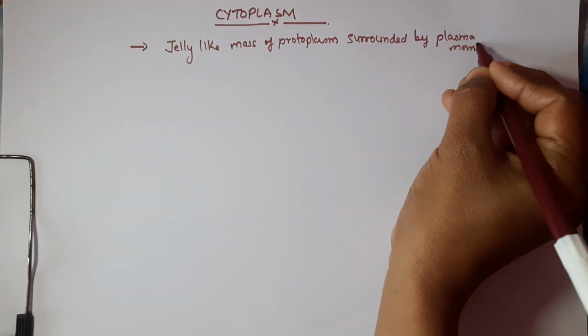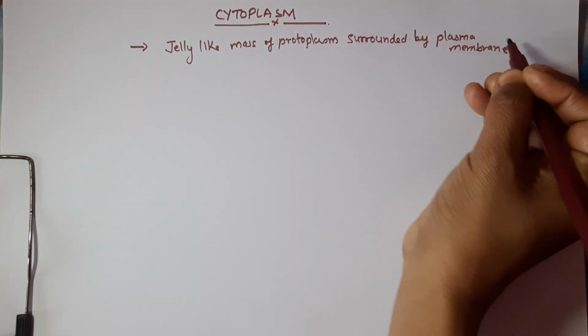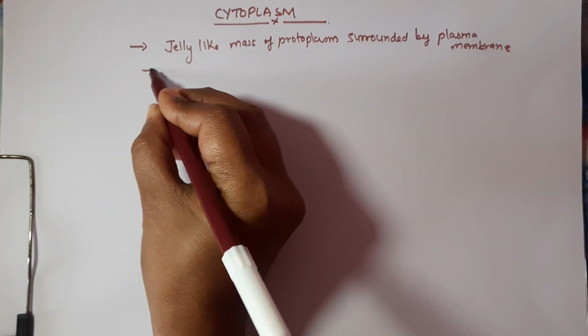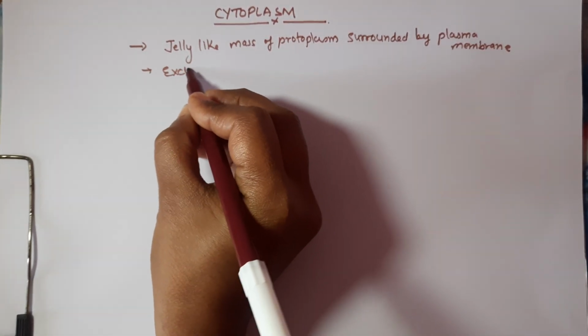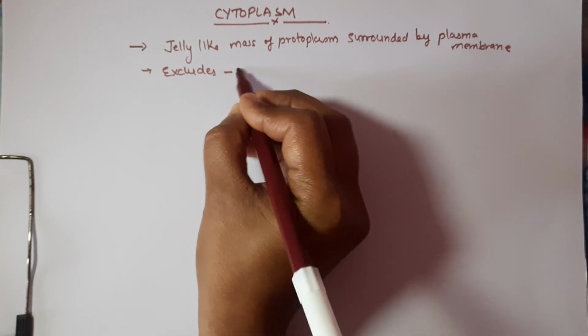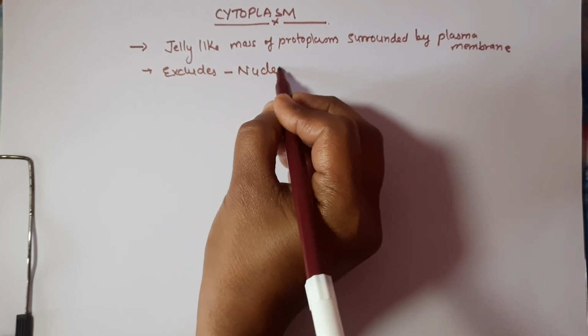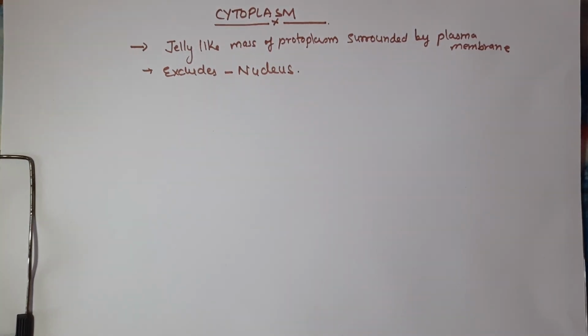Remember here that the cytoplasm excludes the nucleus. When we are talking about the cytoplasm, we are just talking about the jelly-like mass of the protoplasm.